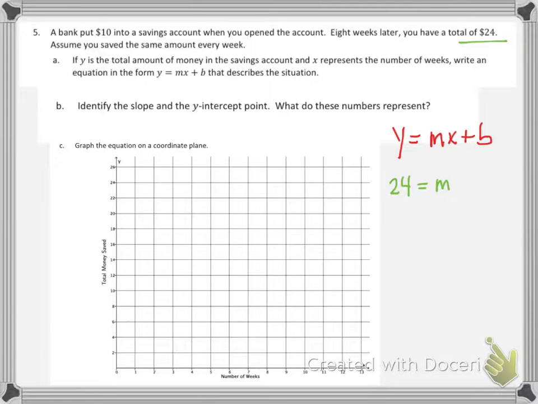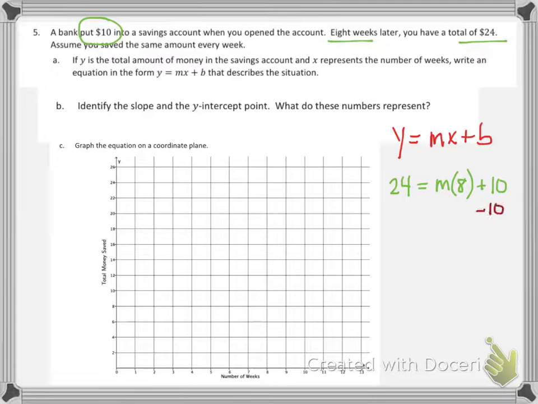I do know how long you've been saving, and that's 8 weeks. So x is the number of weeks. I know that's 8, so this is multiplied by 8. And then plus b, well, that's the amount that I put into the bank to begin with. That's the $10 that I initially put in the bank. And now if I solve for m, that means I'm going to try to isolate m.